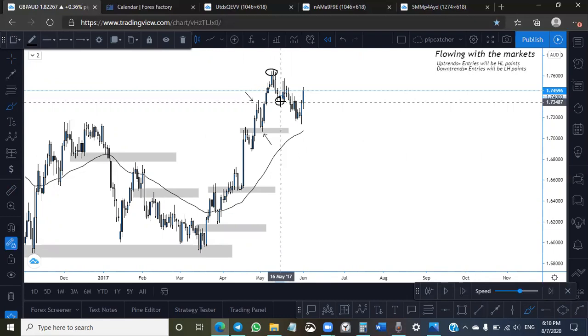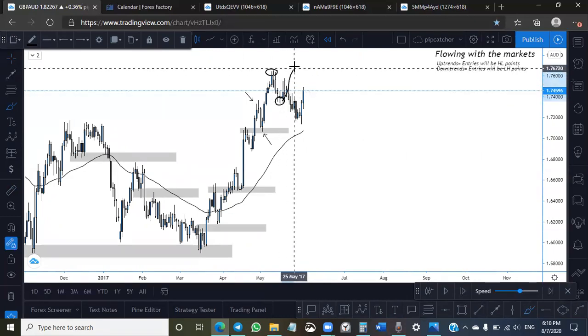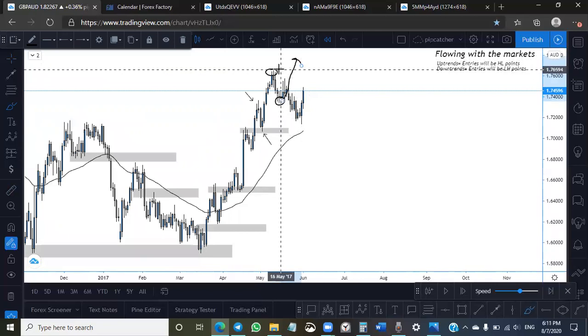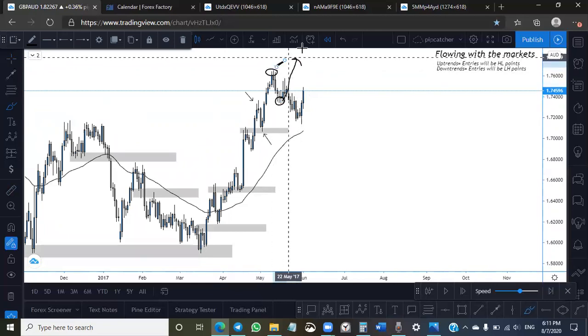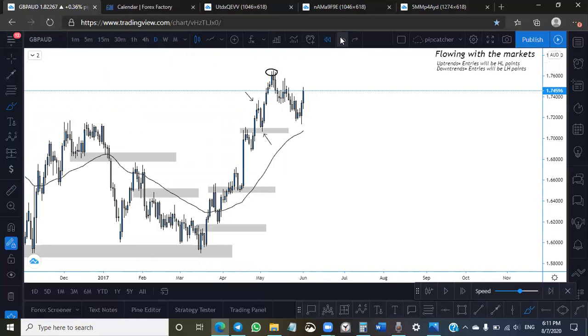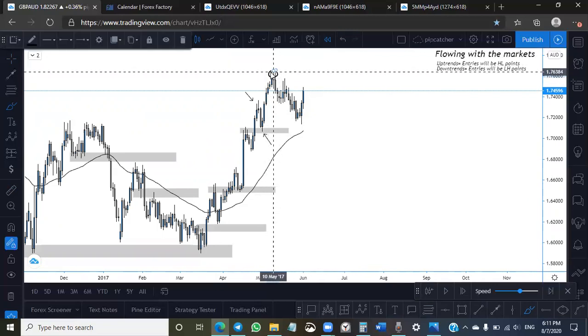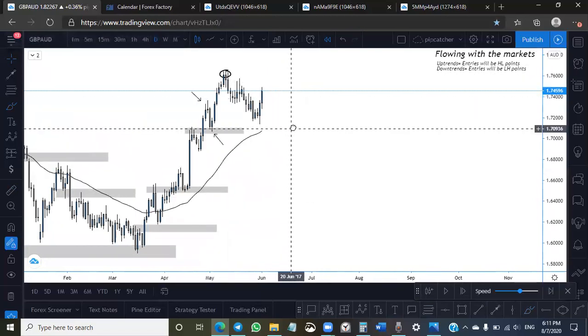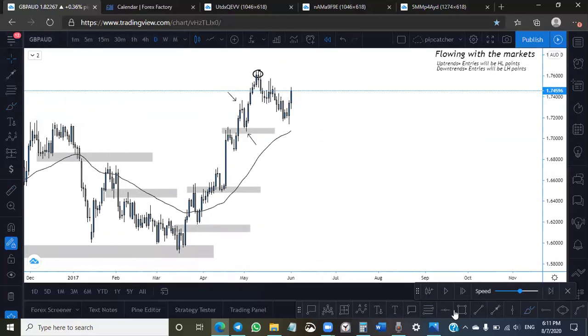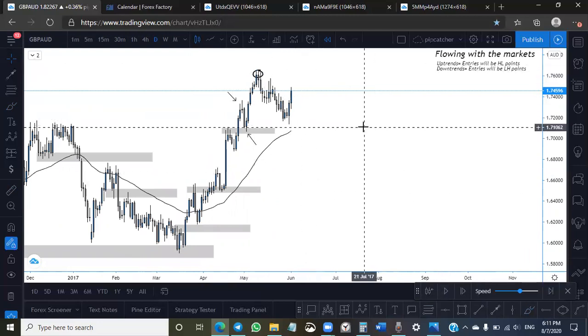The market did not come up higher than this high here. So we did not see a higher high than this high here. So let's see if it does break above this or goes lower.